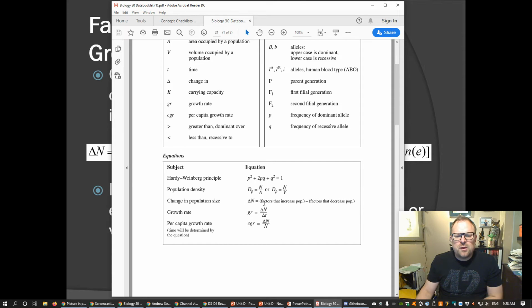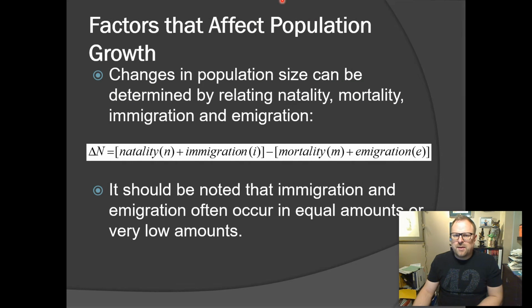Factors that increase the population are immigration and natality, and factors that decrease the population are emigration and mortality. So that's where that's coming from. Natality plus immigration minus mortality plus emigration is going to give you your change in, that's the delta symbol there, the number of individuals in your population.